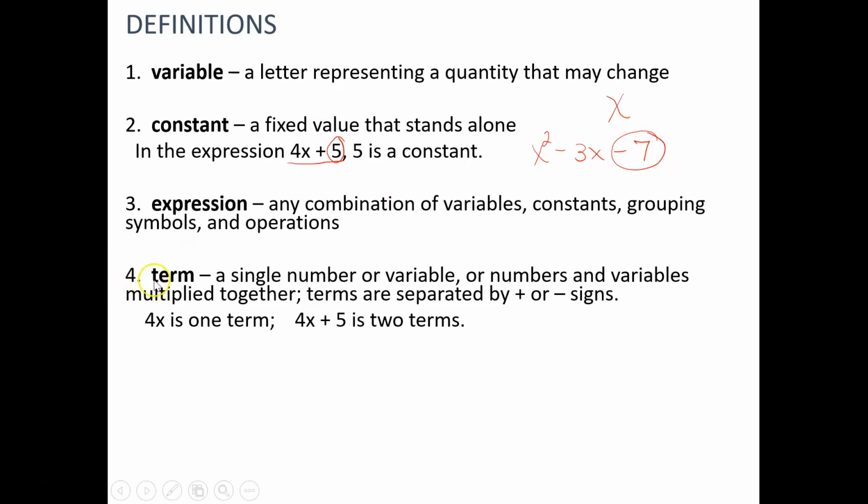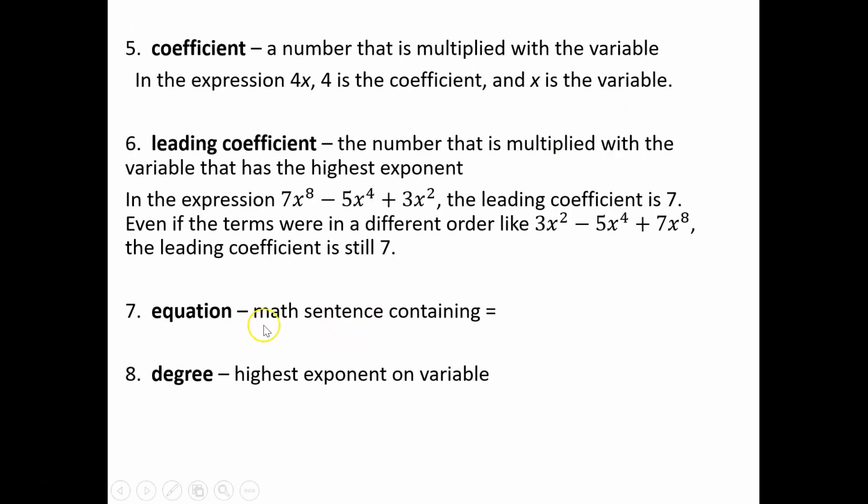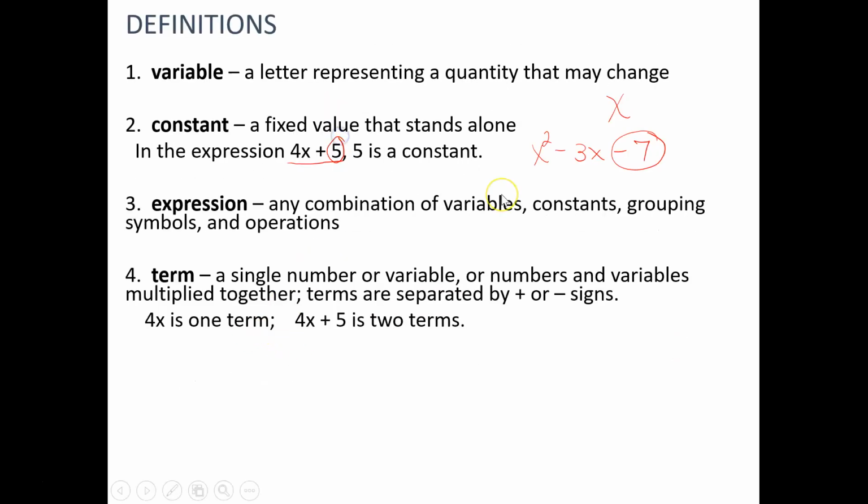And fourth definition is term, a single number or variable, or numbers and variables multiplied together. Terms are separated by plus or minus signs. So if we were looking at, again, this expression 4x plus 5, it has two terms. 4x is one term, and 5 would be your second term.